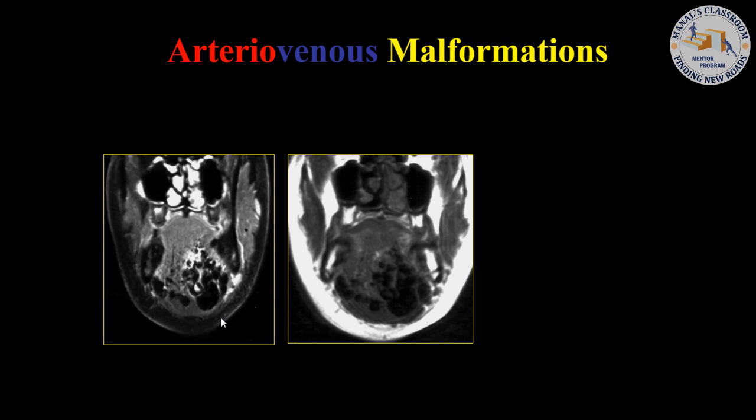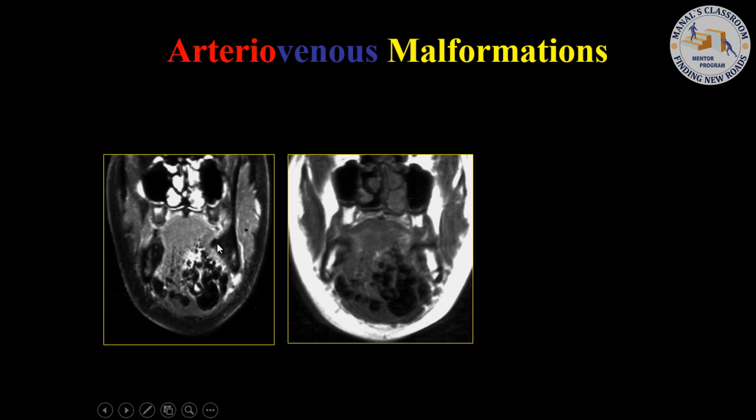So normal capillaries will perform their normal functions and it allows tissues to grow. But if you have an arteriovenous malformation, the capillaries are absent. So if the tissue cannot receive its nutrients, what's going to happen to the tissue? Is it going to grow or is it going to shrink? It shrinks, exactly right.